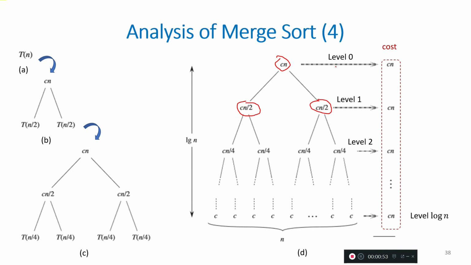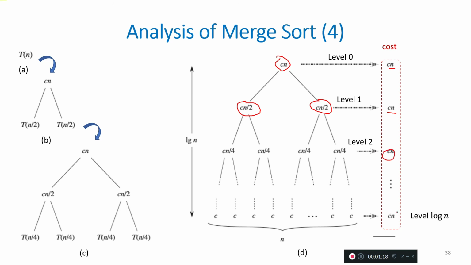Now we want to calculate the cost across each level. So we see the number of elements in each level. Level 0 has one element, so the total cost would be cn. We write it as such. Level 1 has two elements, so the cost would be the sum of these two, which would again be cn. Similarly, adding up all these nodes would give us the cost for level 2.